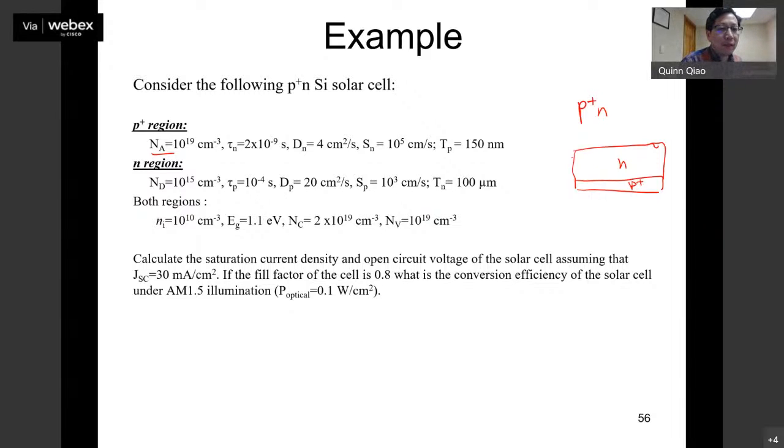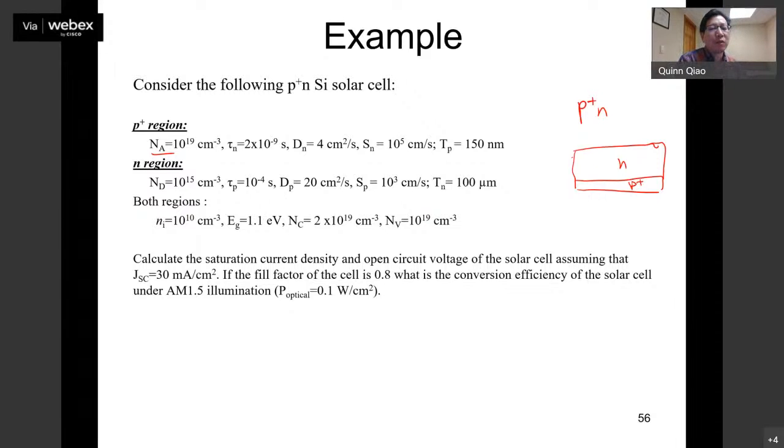The electron lifetime in the P side is 4 times 10 to the power minus 9. And the Dn, electron diffusion coefficient in the P side, is 4 centimeter squared per second. Then Sn is the surface recombination rate. If you think about a short diode, when the electron reaches the contact, in particular, the contact takes the electron away.